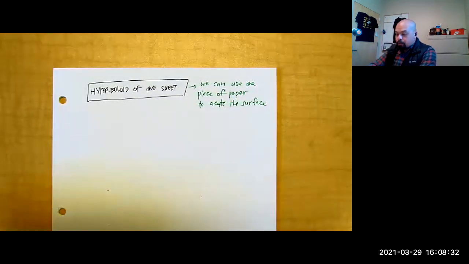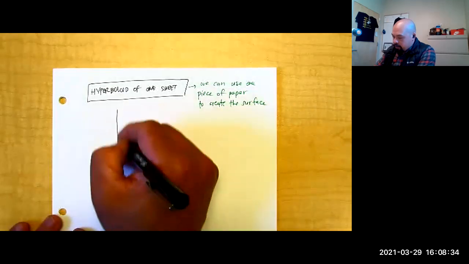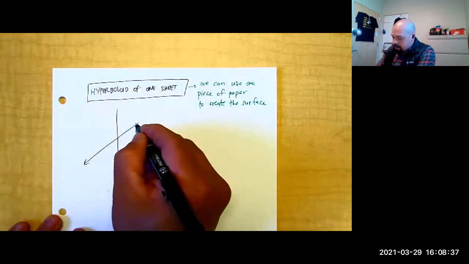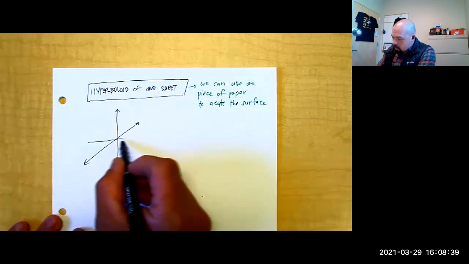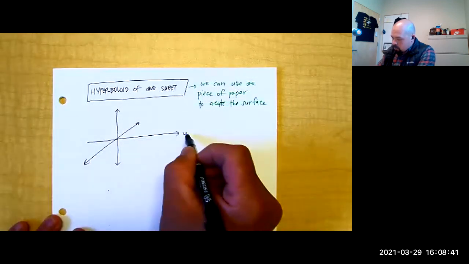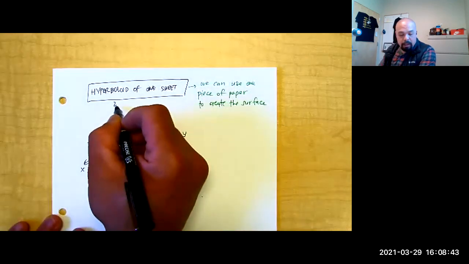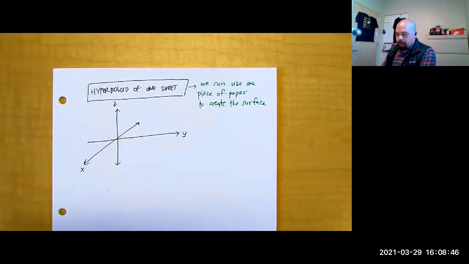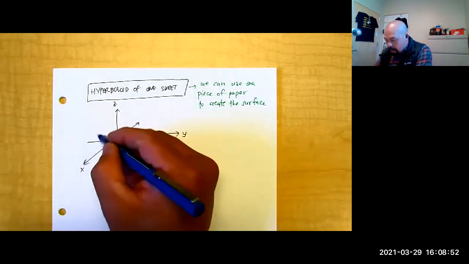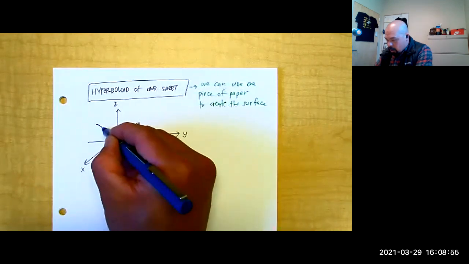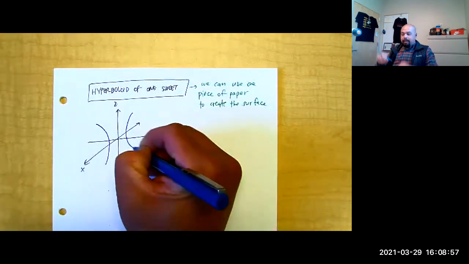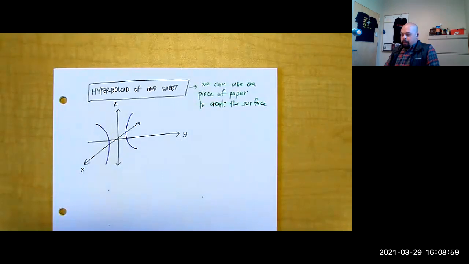Let me put that graph in. What we start to see is that in some of those planes we're going to get these hyperbolas, those pairs of arcs facing away from each other, depending what plane we're looking at.